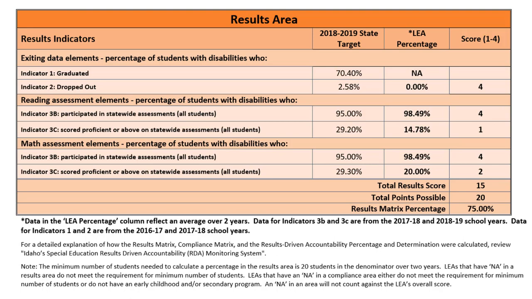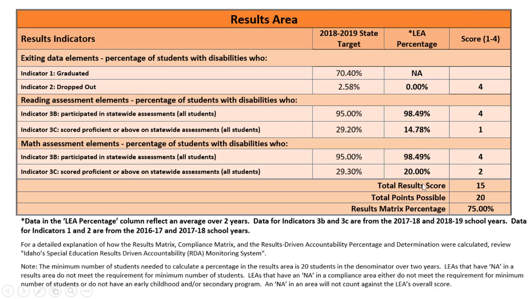So in this example, this LEA had an NA in graduation, so that would have meant that they did not have 20 students over the 2-year period that could have graduated. So they were not awarded a score, and the percentage has an NA there.